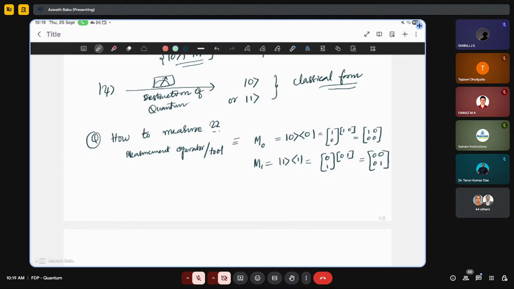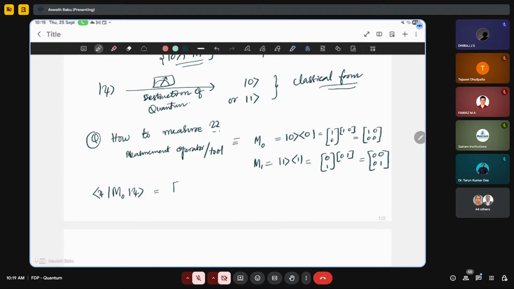So these are the measurement tools. Now if you see a measurement tool acting on a quantum state, on either side you have to multiply with the quantum state with an inner product. What does it give you?